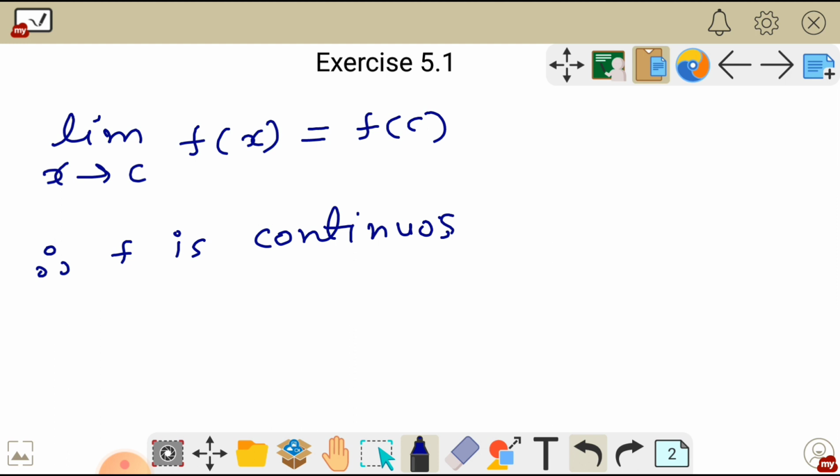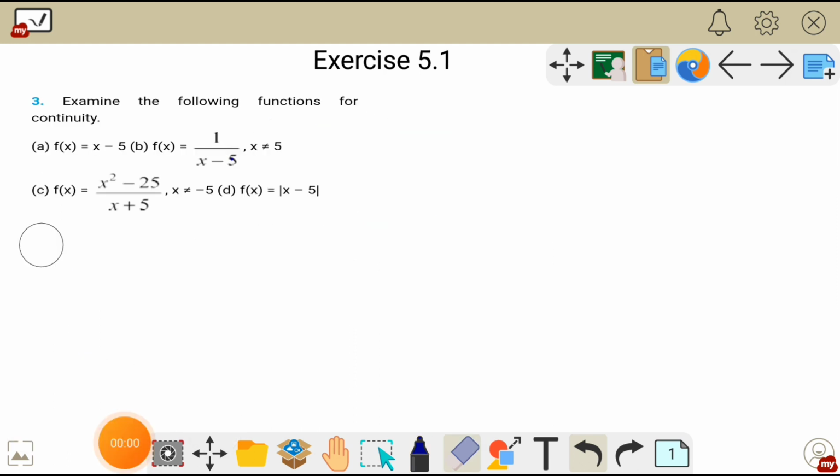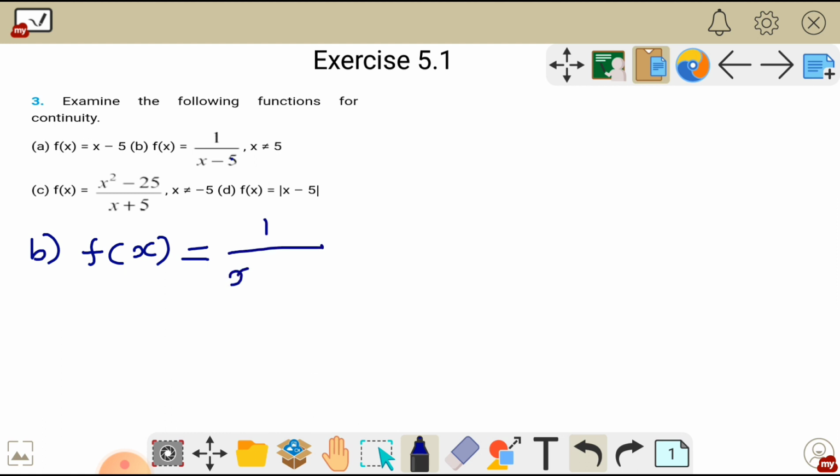Now let us move to the second one, that is B. So in B, our function is f of x is equal to 1 upon x minus 5, where x is not equal to 5.